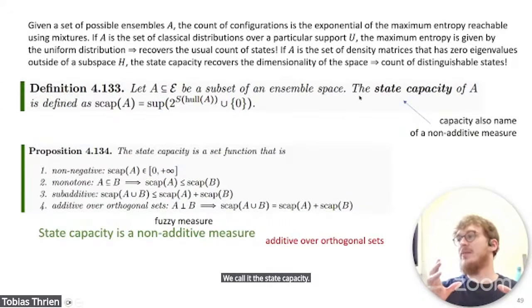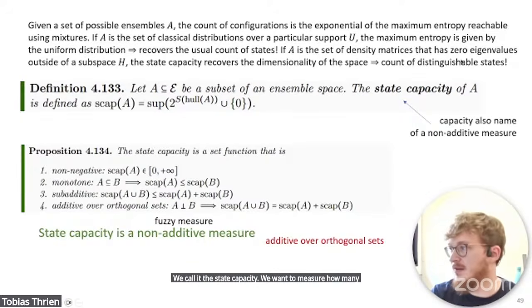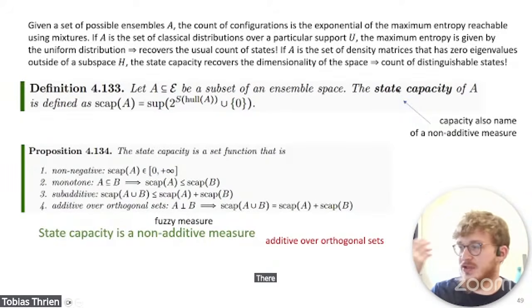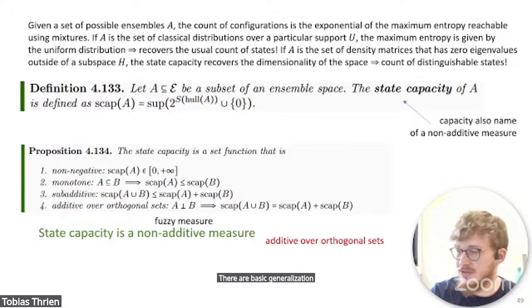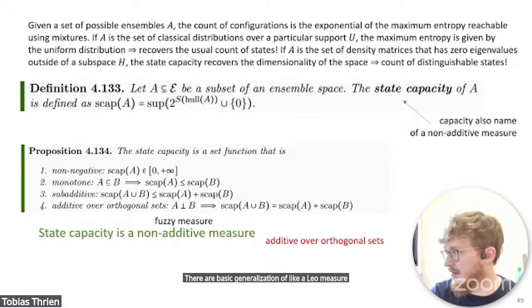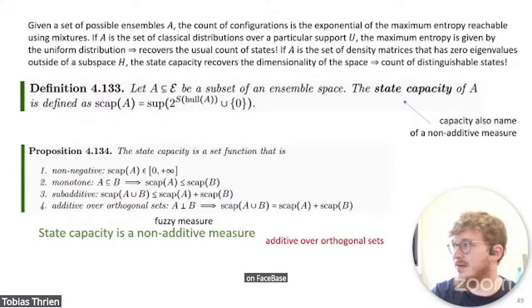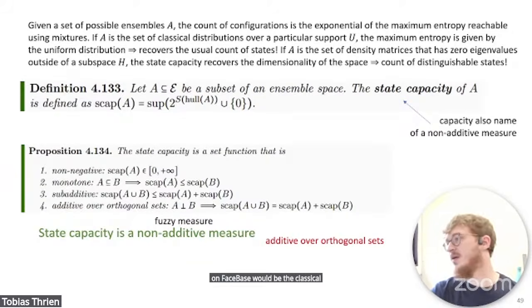We want to measure how many states there are. Basically, it is a generalization of something like a Lebesgue measure on phase space in the classical case, which is what you need, for example, to do statistical physics, right?